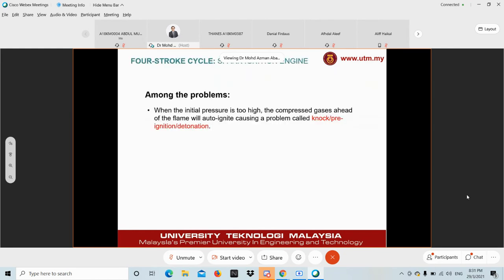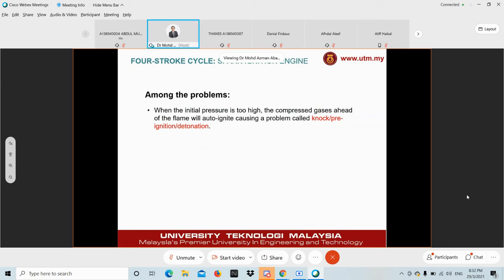So the intercooler is one of the technologies introduced to prevent knocking, pre-ignition or detonation from happening. Another measure manufacturers take to prevent knocking, pre-ignition and detonation is using a higher RON fuel.